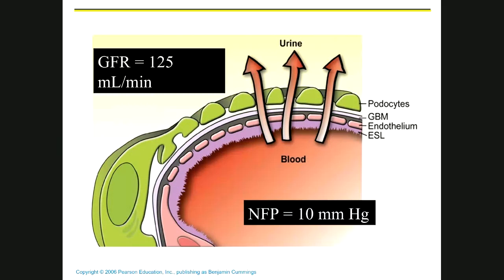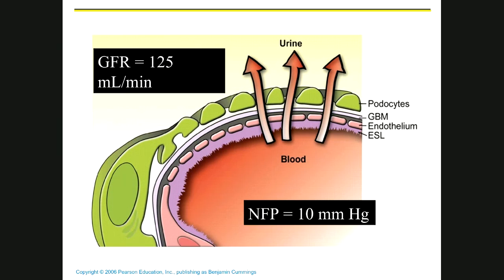Well, if I take 180 liters, because that's how much comes out in a whole day, and I divide it by 24, that's how much is going to come out in an hour, and then I divide that by 60, and I can figure out how much is going to come out every single minute. And so that's what we're going to look at, is how much is coming out every single minute. And there's a name for that.